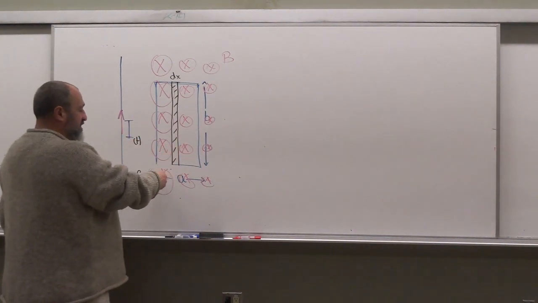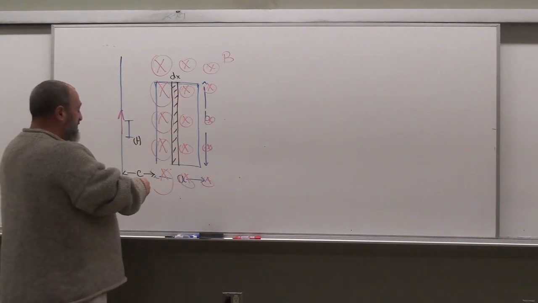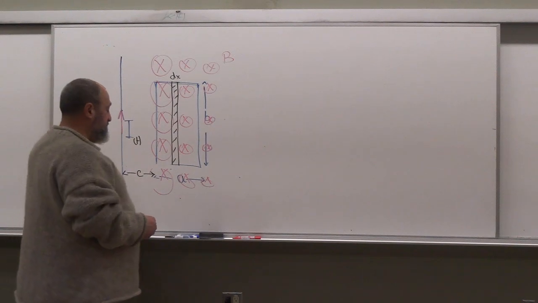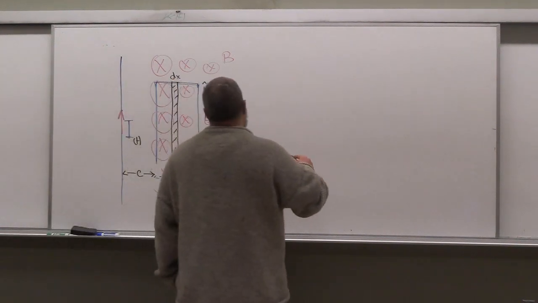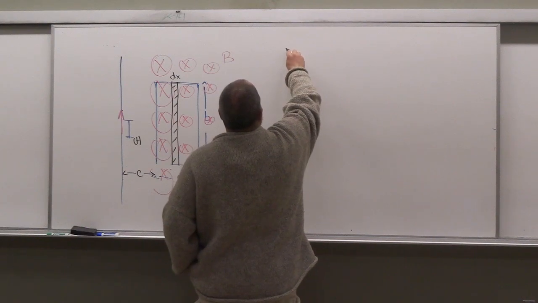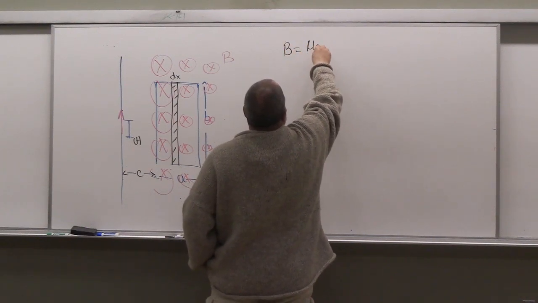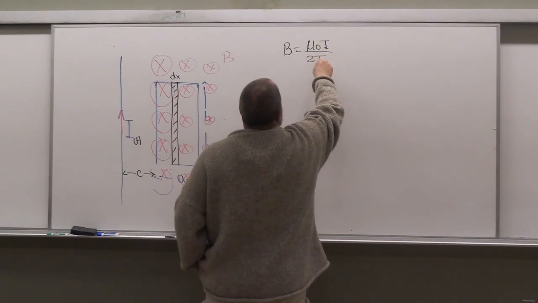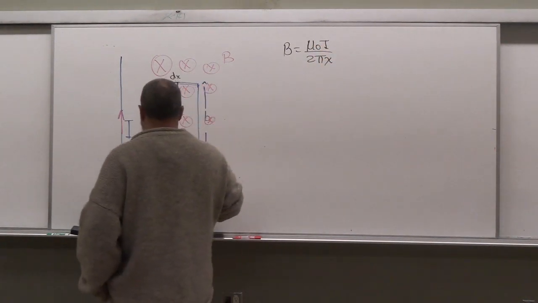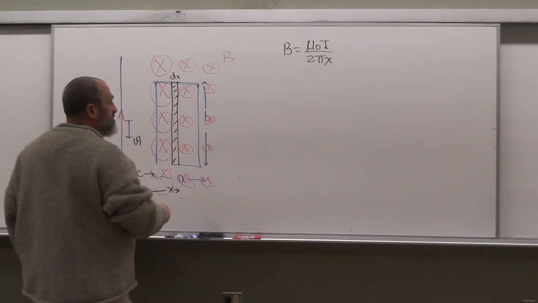The loop still has width A and height B, and is sitting a distance C away from the current. So our B is equal to mu naught I over 2 pi x, and x is the distance to the area element.